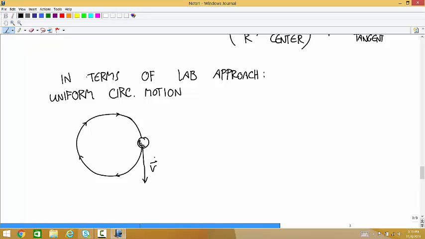Is it speeding up or slowing down? Well, this is uniform. So no speed change, so there's no parallel part, no tangential part. It's turning, and so there's a vector in towards the center that's equal to the centripetal acceleration.